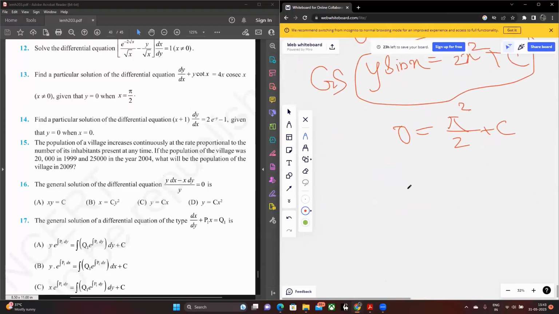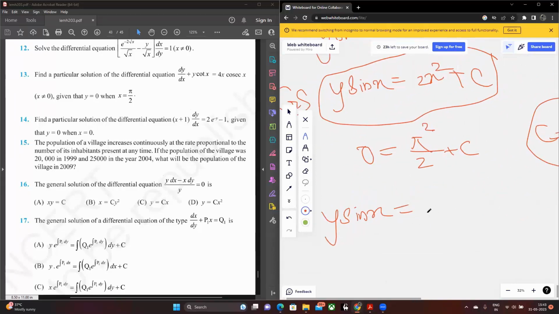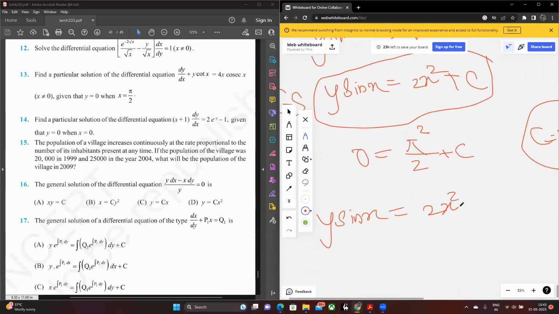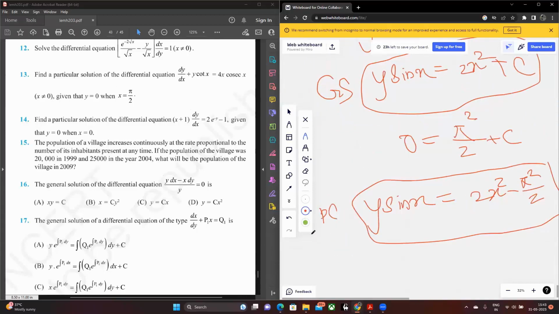So you have y sin x equaling 2x squared minus pi squared by 2. This is the particular solution that you're looking for.